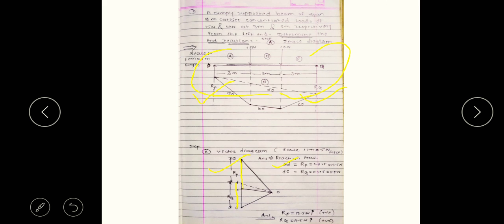Here you can see AD equals RP equals 2.7 into 5, where 5 is the considered scale, and DC equals RQ, again multiplied by the scale. Finally we get the answers 13.5 Newton and 11.5 Newton. Both are positive, so the direction will be upward. So this is all about the numerical.